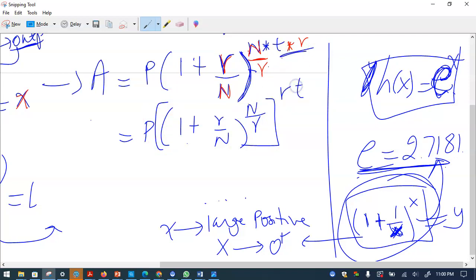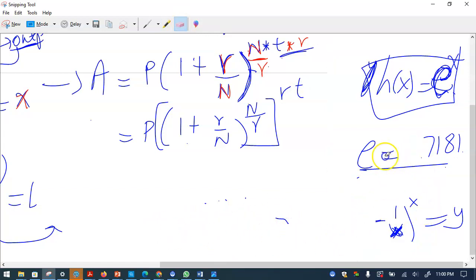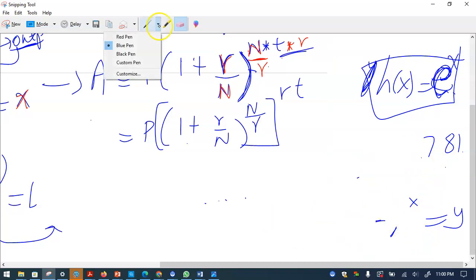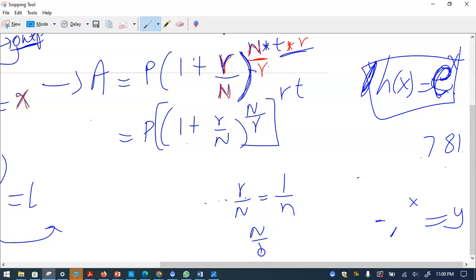See this RT, and then in place of r over n, we can put 1 over n. So that means n over r will be n. So this whole thing becomes P times 1 plus 1 over n, or you can put x also. So I can just put an x.